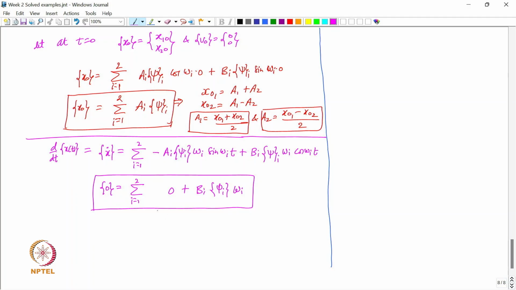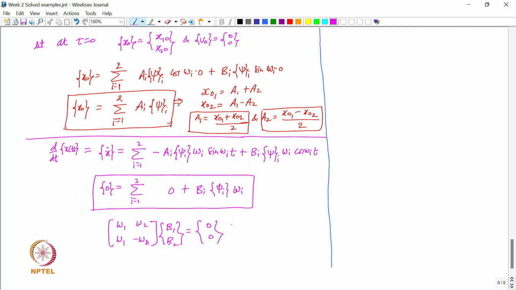Similarly, if you look at this equation for the velocity, here you would see that if you substitute this thing, what you are going to get is omega 1, omega 2, right, omega 1, minus omega 2, and then you have b1, b2 is equal to 0, 0, correct.